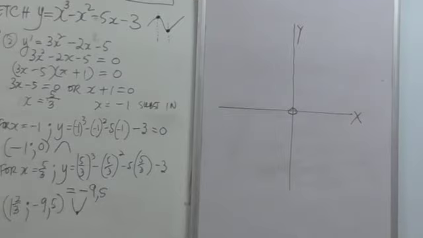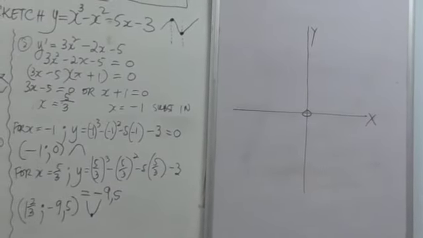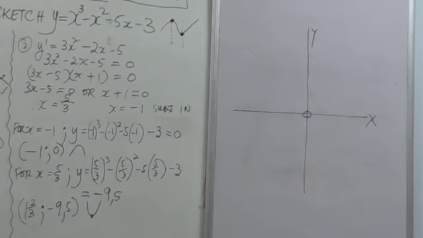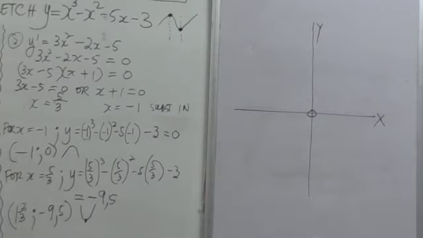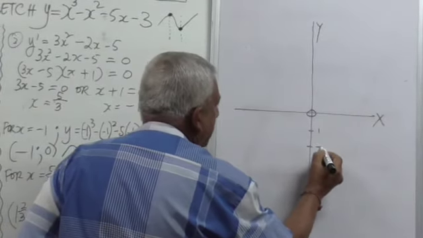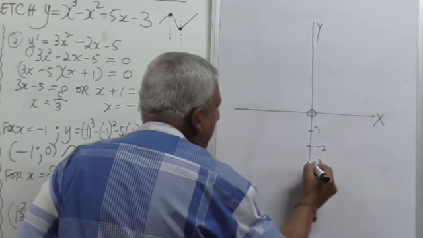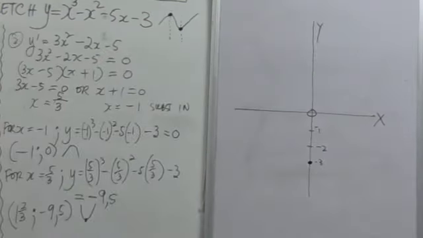Right, let us see. So let's start with this. The y-intercept is negative 3. So let's say that's negative 1, negative 2, negative 3. The y-intercept is negative 3. Right, we've done that. Then the x-intercepts.